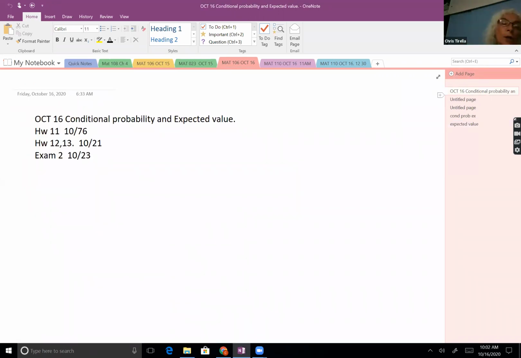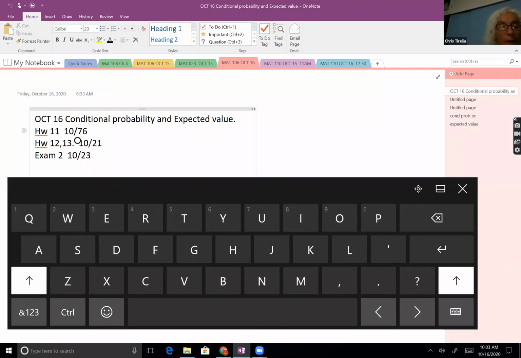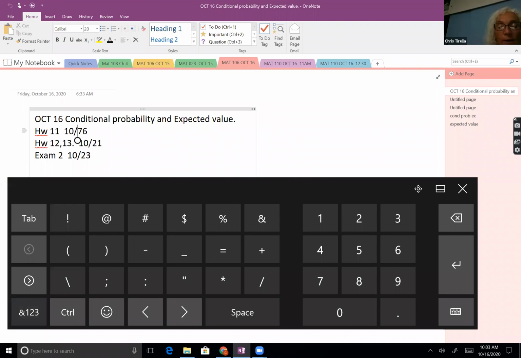So today we're going to look at a little bit more of conditional probability and expected value. Homework 11 is due today.